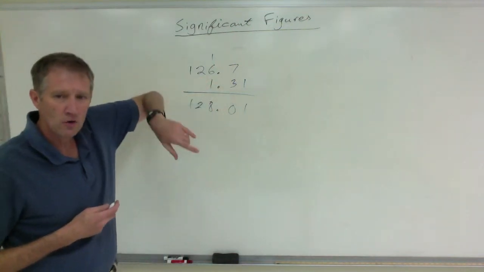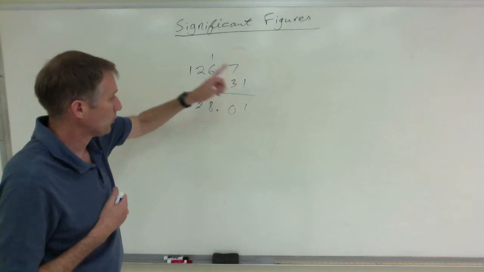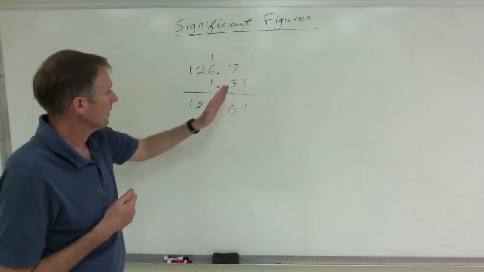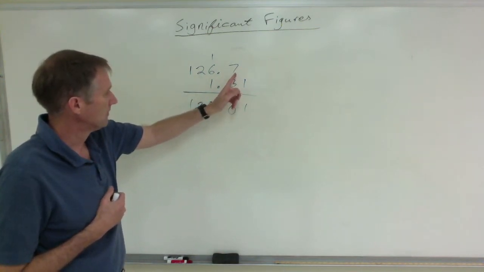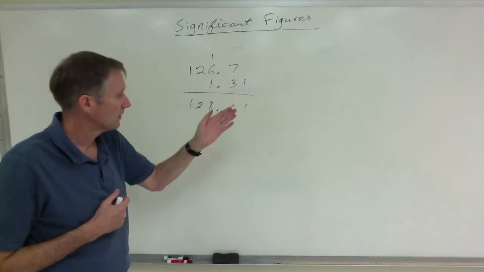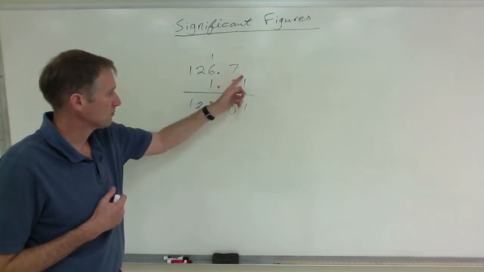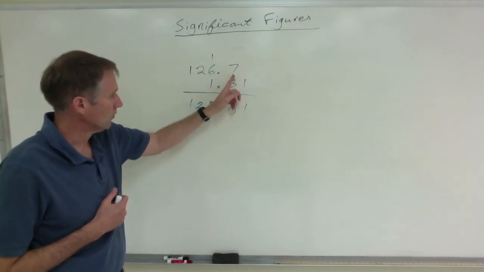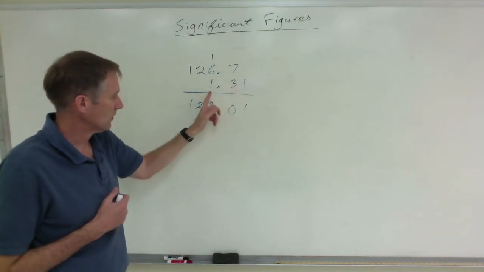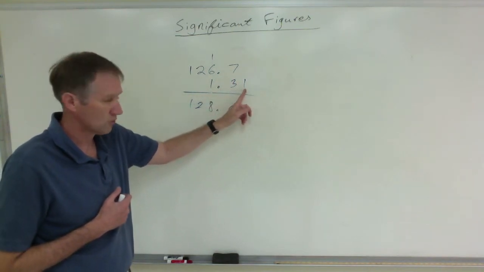But your answer can only be precise. This is precision. It can only be as precise as your least precise input. My least precise input is this top one because it only measured to the nearest tenth, as opposed to this one which measured to the nearest hundredth.